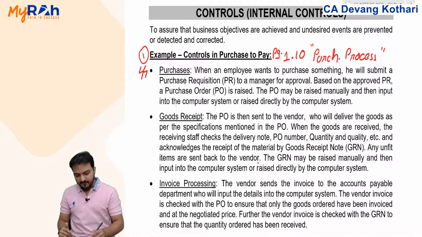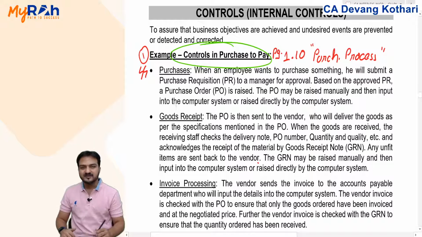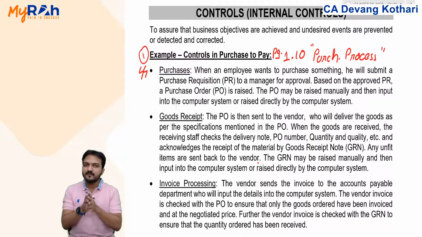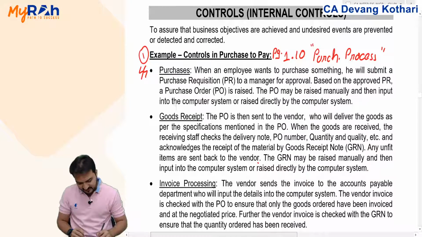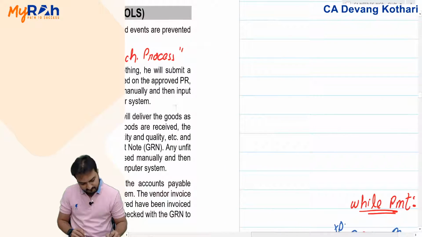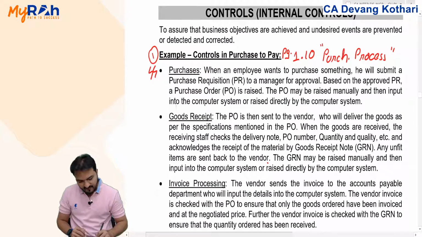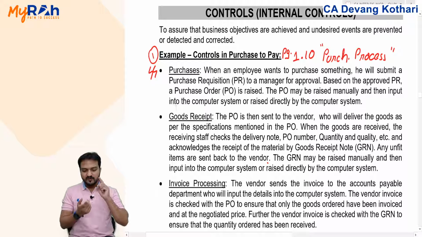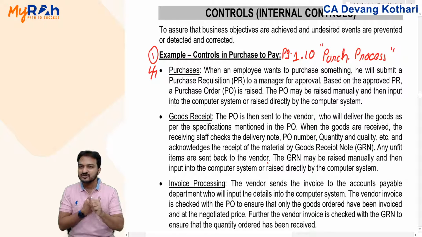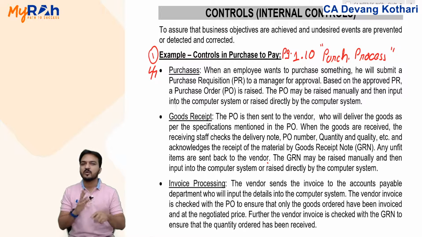Well, the same purchase process is described over here. Plus, during that process, I also gave you an example of how the controls are implemented in the process. Controls implemented were such that without entering purchase order, purchase invoice was not allowed.